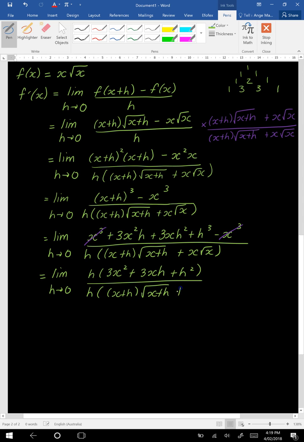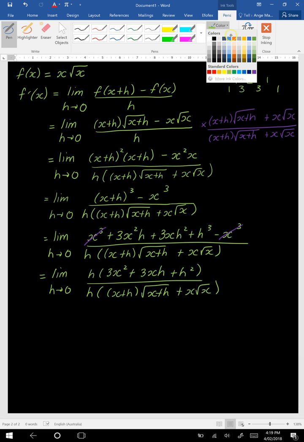Plus h, plus x root x, and we're nearly done. So now those h's will cancel.